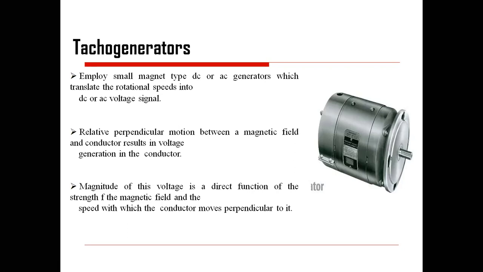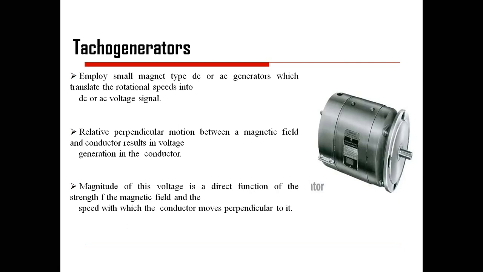So what is going to happen when we provide the input as motion? Depending upon that motion, it is going to generate the output. Here your concept will be clear: this is an electrical type of tachometer, meaning the output is generated in electrical form.